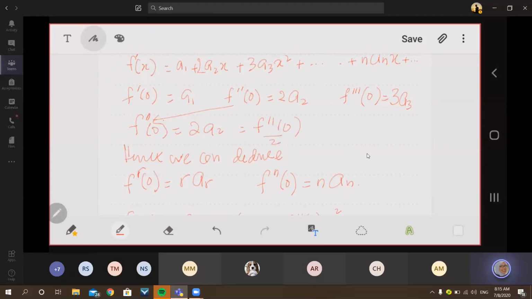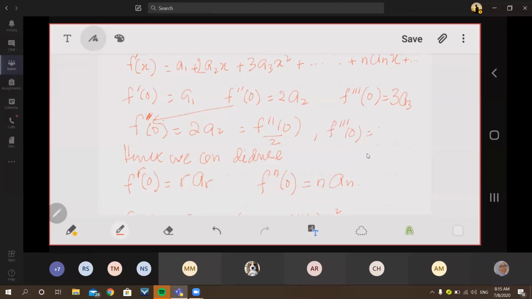So what else can we deduce here? F triple prime of 0 is equal to 3, what do we call this?